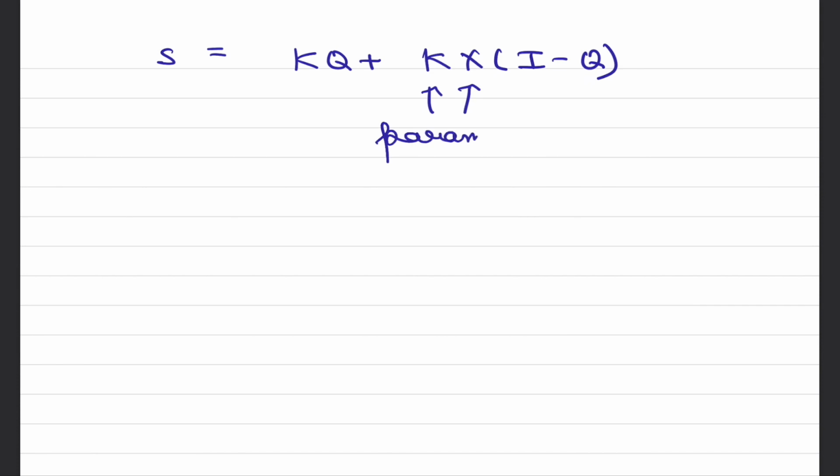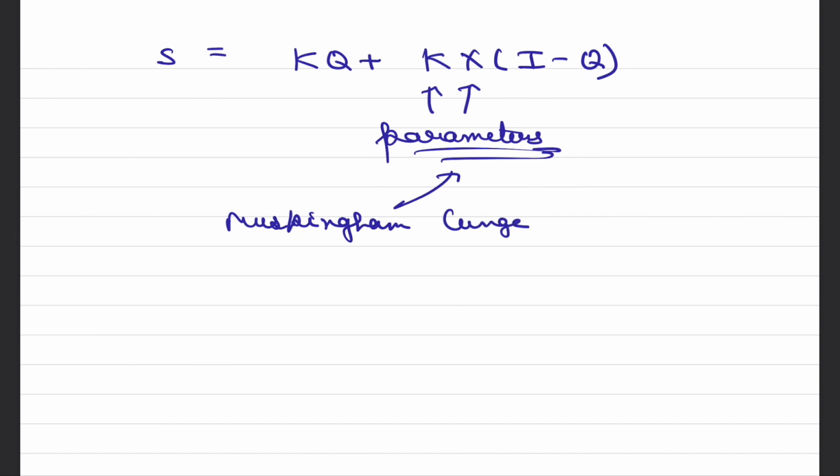Now, when we talk about the total storage, we can say our S is equal to KQ plus KX into (I minus Q), where K and X are parameters. We will talk about the determination of these parameters in a method called the Muskingum-Cunge method, which we will discuss when we go to distributed flow modeling.